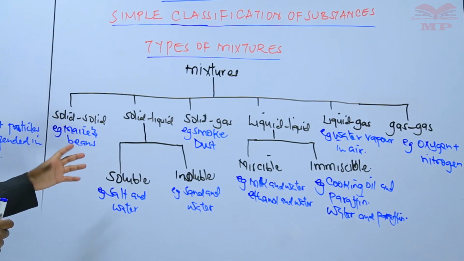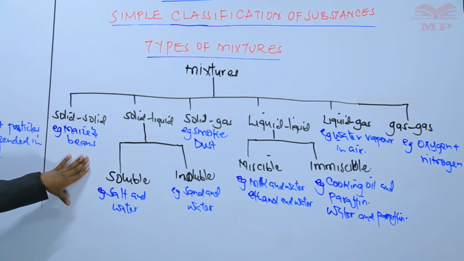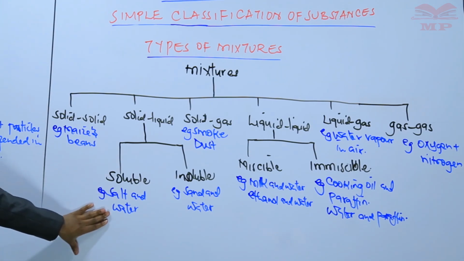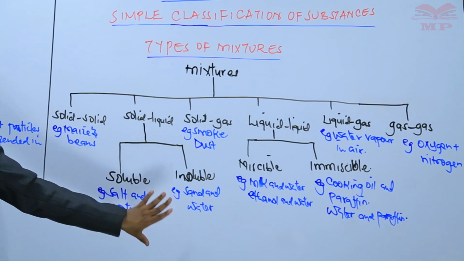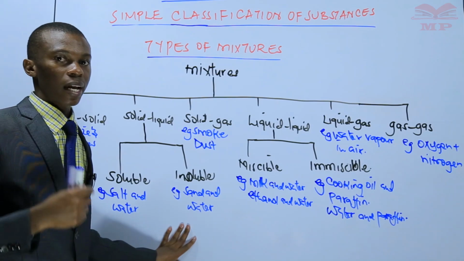And then we have given the examples: solid mixture we can have maize and beans. A soluble solid liquid mixture we have salt and water, and it's not the only example. Then insoluble solid liquid mixture we have sand and water.